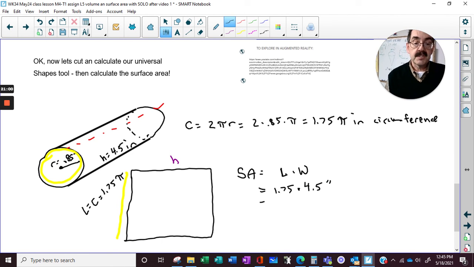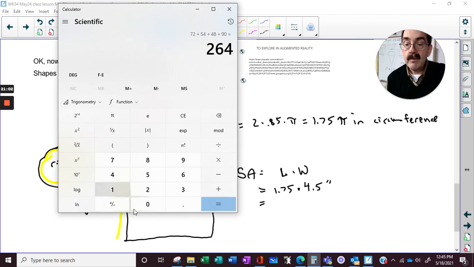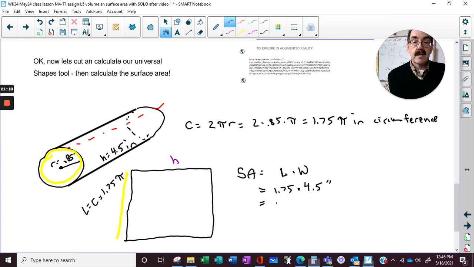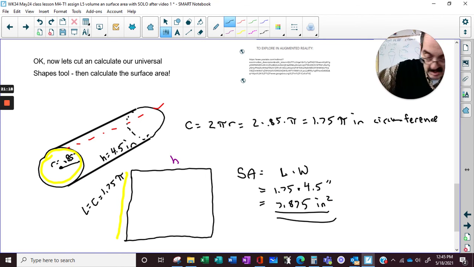If I grab my calculator, 1.75 times 4.5 is 7.875 square inches.